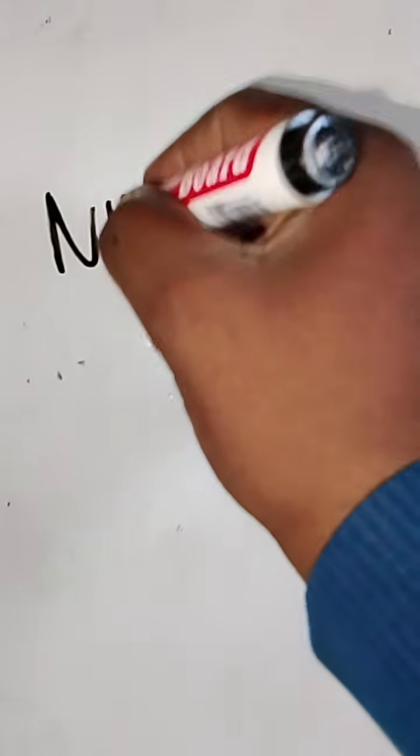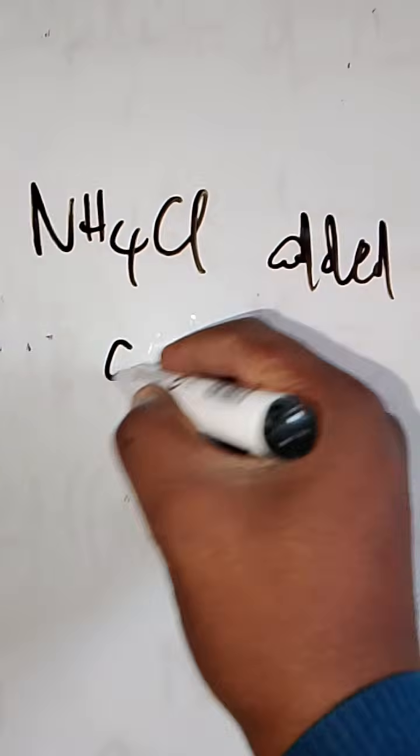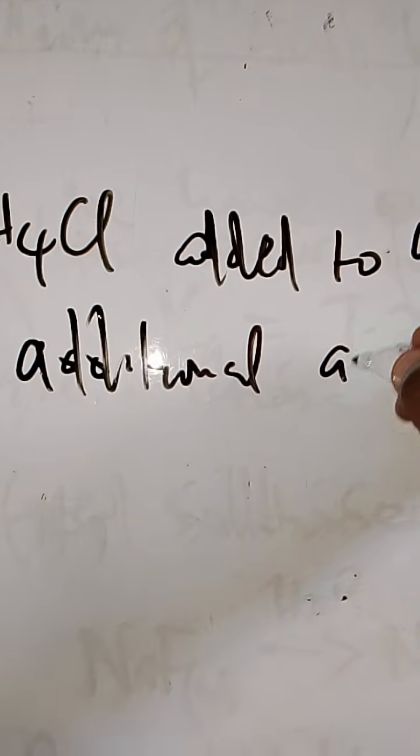For example, ammonium chloride added to a 1.0 molar ammonia solution produces additional ammonium ions.